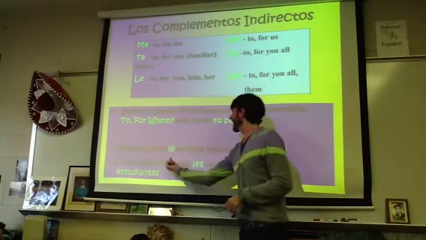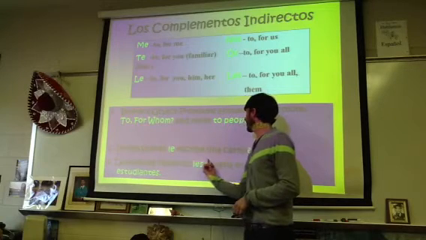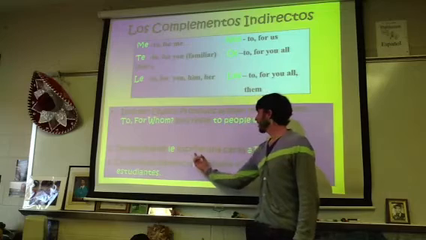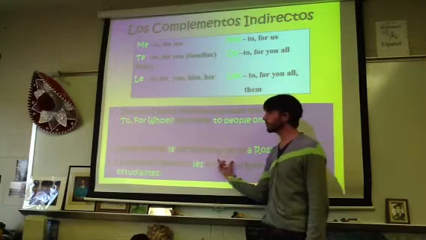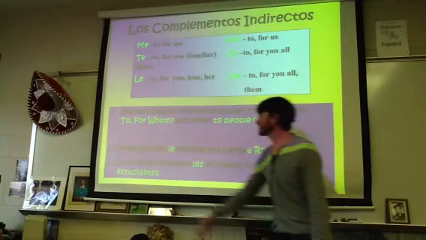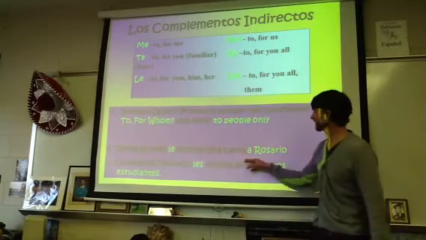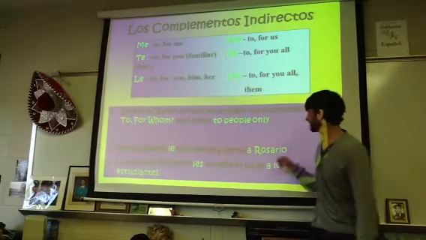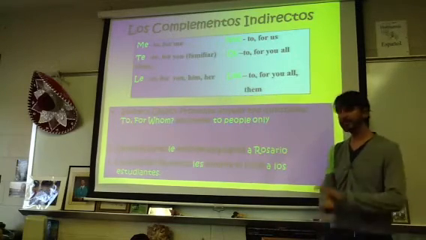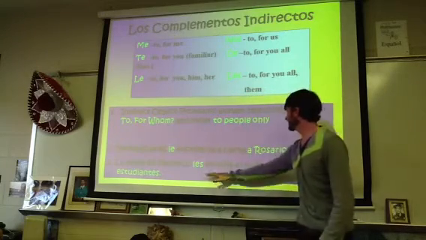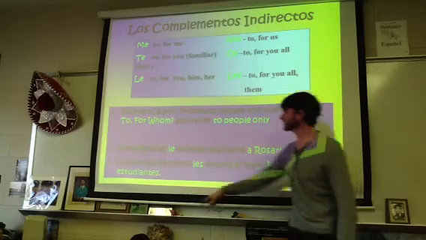Teresa Suárez le escribe una carta. Teresa Suárez writes a letter to whom? Le a Rosario. So we could say Teresa Suárez le escribe una carta a Rosario. Okay? The le stands in the place of Rosario. They mean the same thing. La novia de Federico les enseña el baile a los estudiantes.